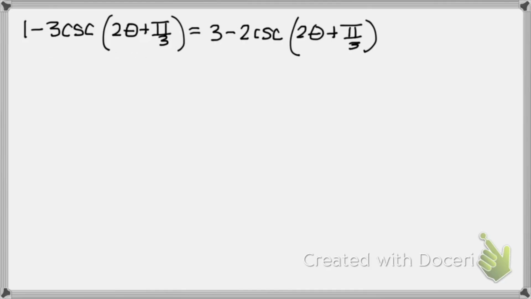I've got this -3 cosecant of 2 theta plus pi over 3, and I've got a 2 theta plus pi over 3 over here. So those are like terms I can combine. We got minus 3 of them over here and minus 2 of them over here. So I'm going to bring these over by adding 3 cosecant to both sides.